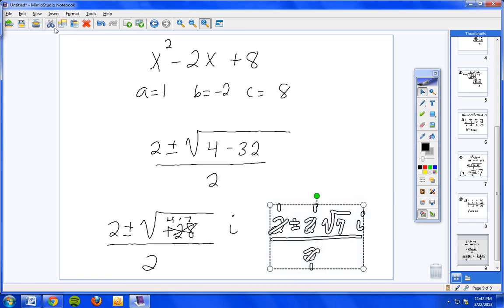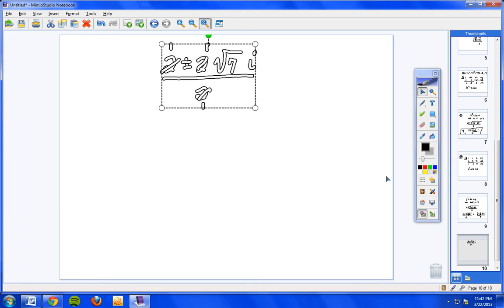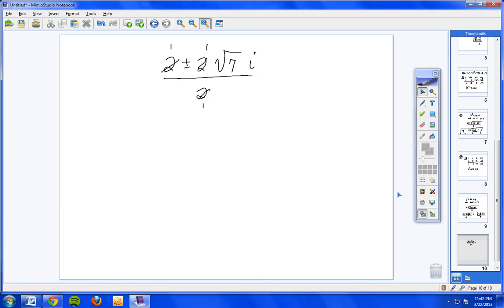So if you reduce that, you would then have 1 plus minus 1 square root of 7 i all over 1. Now anything over 1, you know that like 2 over 1 is the same thing as 2. You don't have to put that 1 in the bottom. So since I don't need the 1 in the bottom, I'm just going to not use it.